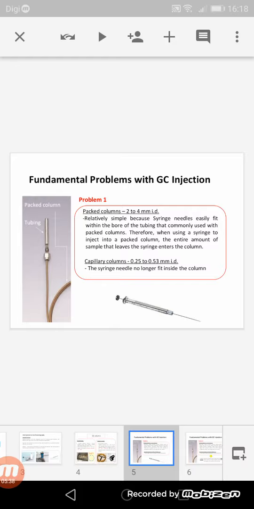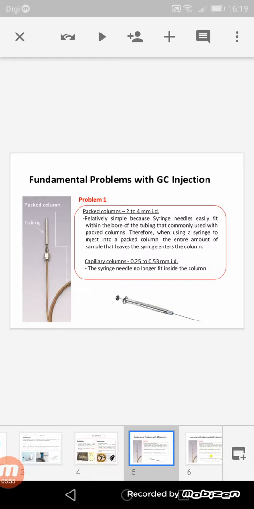With the capillary column, the diameter is even smaller compared to the packed column, so the syringe needle no longer fits inside the column. These are the problems between the two different types of column.